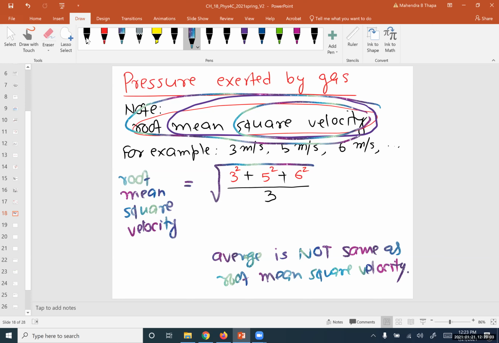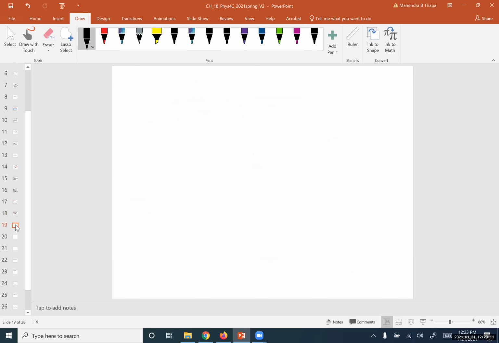Okay, so I'm using this concept to find the pressure exerted by a gas. Say this is the container. Okay, this is the container.